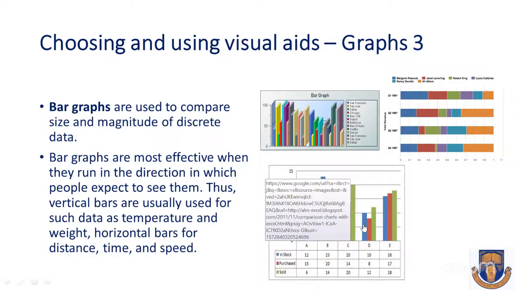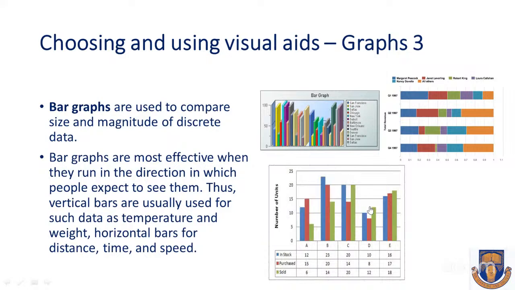There is the composite that puts, like you have here 1, 2, 3, putting them together, or it can be stacked in which each of your variables are put over each other to show you how the variables relate to each other in terms of proportion. Then it can be simple bar graph in which you are only presenting a single component in which there are no multiple factors being presented in the bar graph.